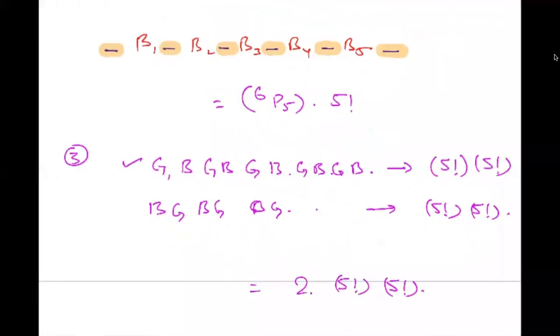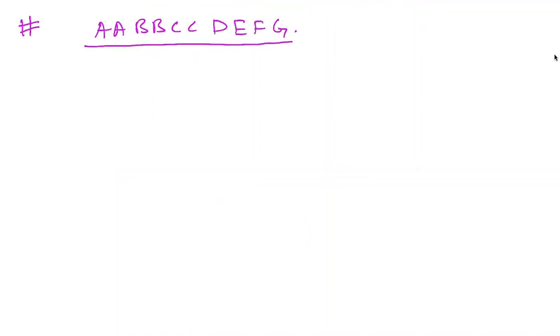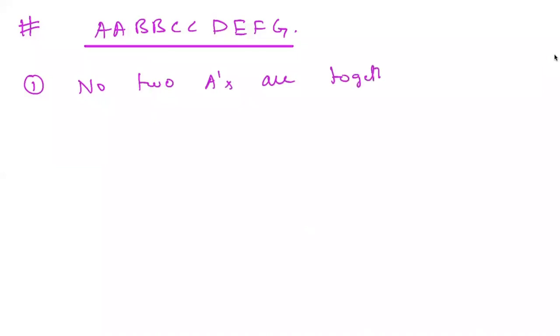Okay. In the same manner, if I'm creating a question, this is a beautiful question that I'm going to give you. A, A, B, B, C, C, D, E, F, G. We have to arrange these 10 alphabets in such a way that, first, no two A's are together. Second, no two A's, B's, and C's are together.